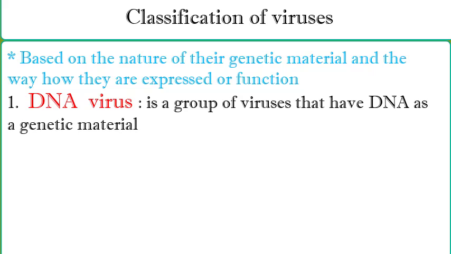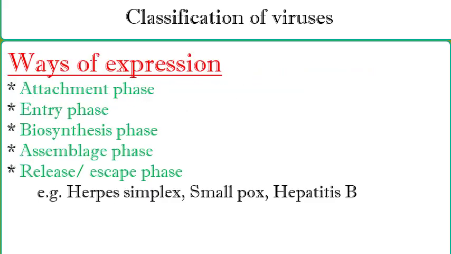DNA virus is a group of viruses that have DNA as a genetic material. When we see their ways of expression, first, the virus attaches itself to the host cell. Second, after it attaches, it injects or relays its DNA into the host cell.